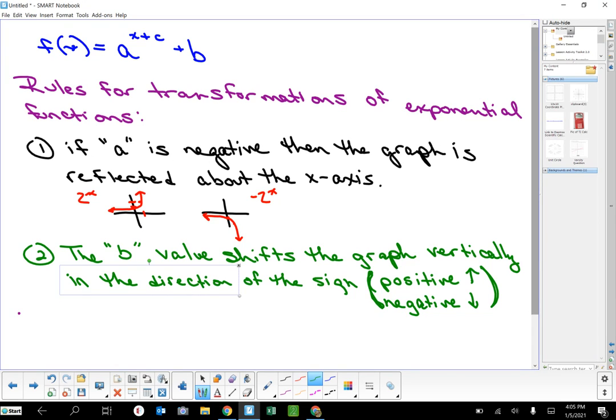Okay, so let's do a little picture to see what that would look like. Normally, let's say we have, again, 2 to the x, that's going to be a point here, and then 2 and 1, so that would be this guy. Well, now the b is over there, so this is going to be 2 to the x, let's say, minus 3. Well, vertically is up and down, right? So this is going to shift this down 3 units.